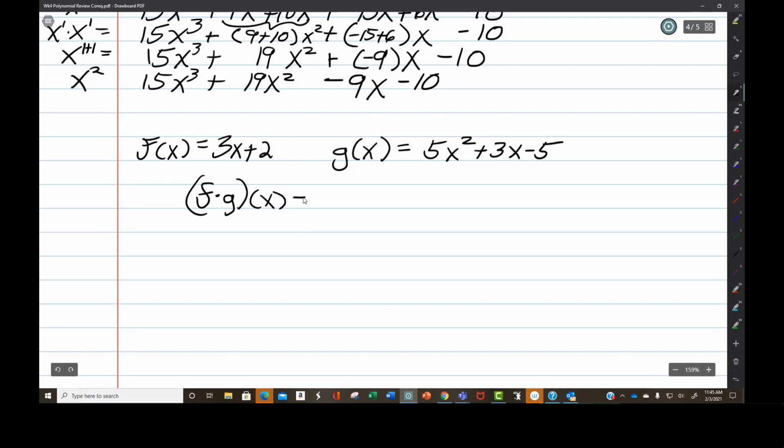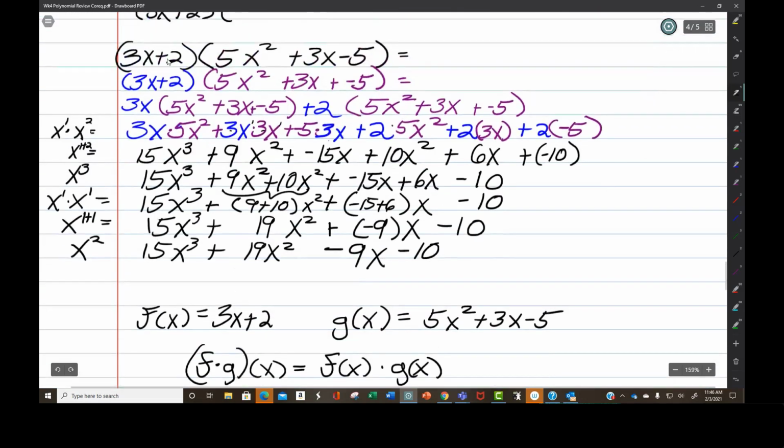And what that means is you're going to multiply f of x times g of x, which of course is what we just did. We just multiplied 3x plus 2 times 5x squared plus 3x minus 5.